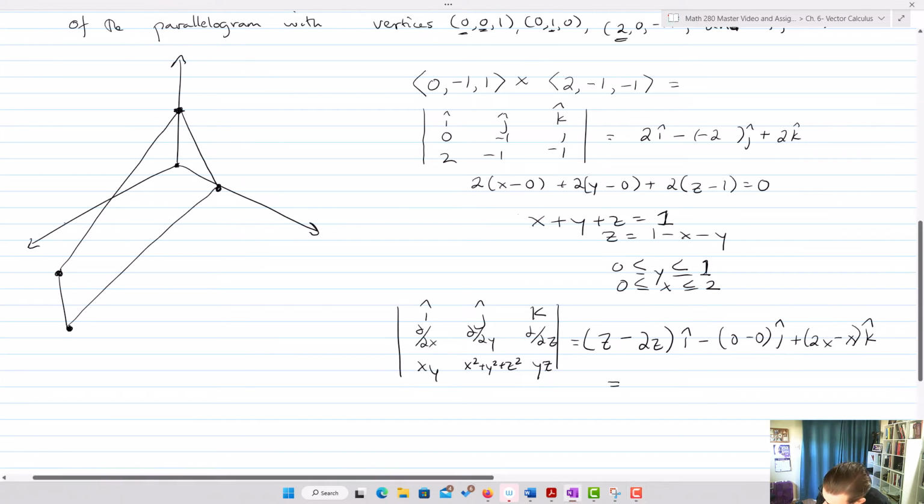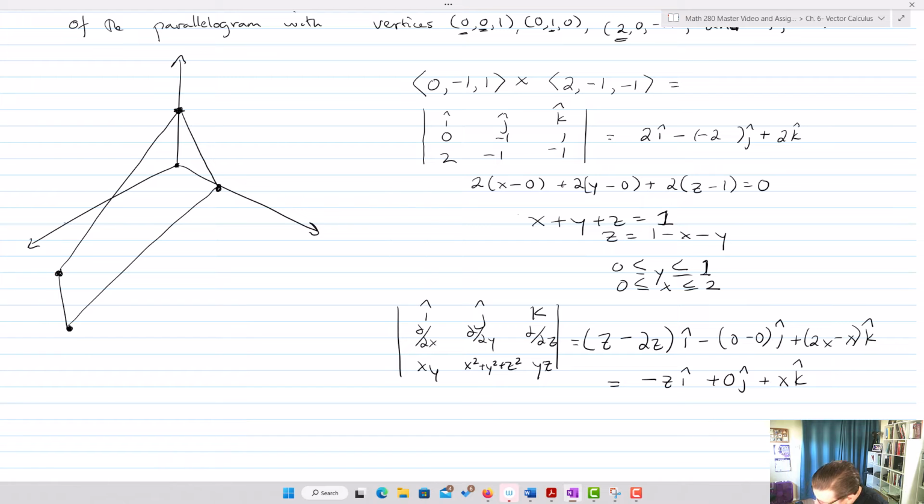And so that ends up equaling negative z i plus 0j plus x k. And there's our curl.